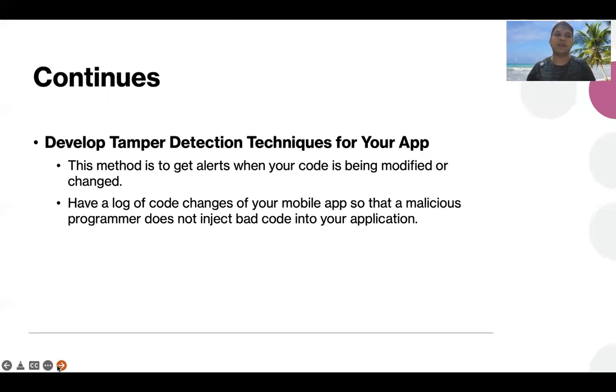Next one is to develop a tamper detection technique. The purpose is to alert you to any modification of the existing code. Once you get the alert, it means you know that somebody has changed the existing code. So this is the purpose.